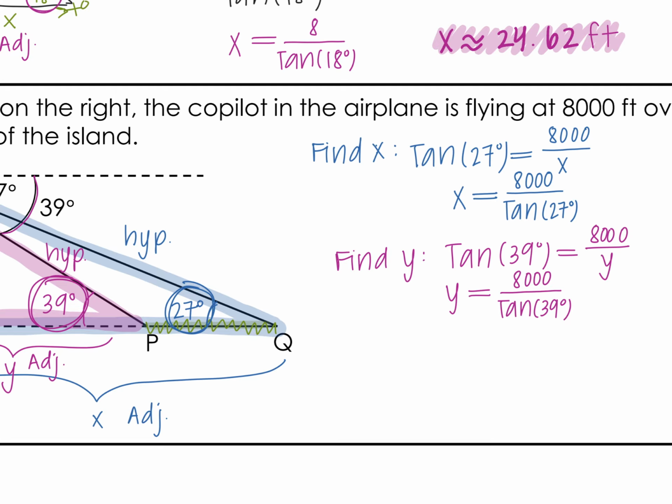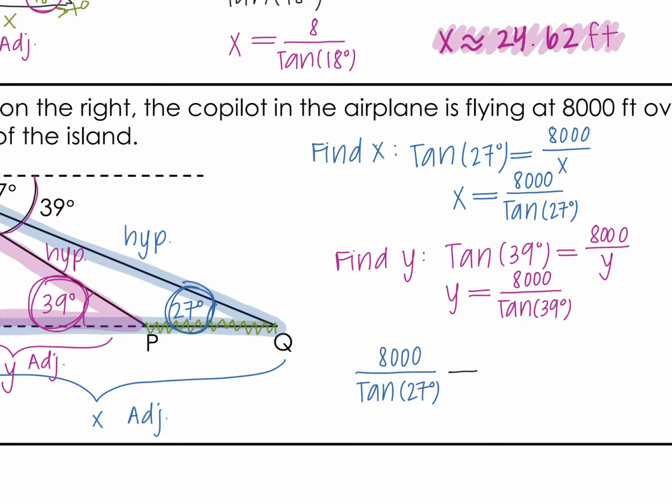Okay, so to find that PQ, we want to start with the longest length, and that's going to be that x. So we're going to take that 8,000 divided by a tangent of 27 degrees. And we are going to subtract the part of it that we don't want, which was all of that pink triangle's length.